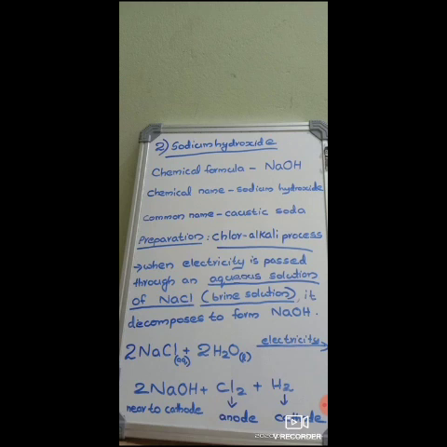So during this process, that is the electrolytic process of brine solution, chlorine Cl2 gas will be deposited at the anode. Hydrogen gas will be collected at the cathode. We are able to see that NaOH will be collected very near to the cathode.